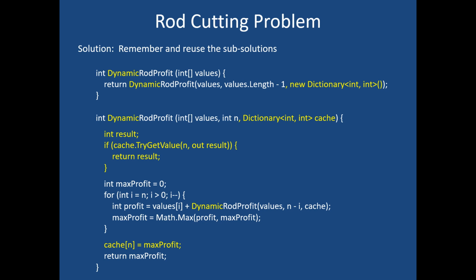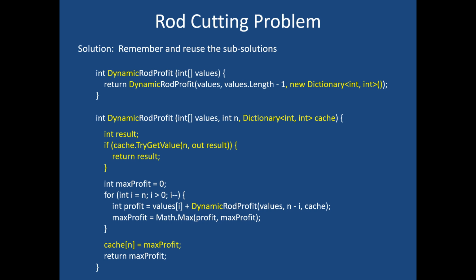When we enter the method and we're asked to find the maximum profit with n, first thing we do is we go see if we already have computed this subproblem n. If we have, we just return its saved value. Then we do what we did before, but before we return the answer, we cache it. So we store the fact that the max profit for n is computed, and we return it. So the first time this is called, it does its recursion. The next time it's called, it returns in constant time.